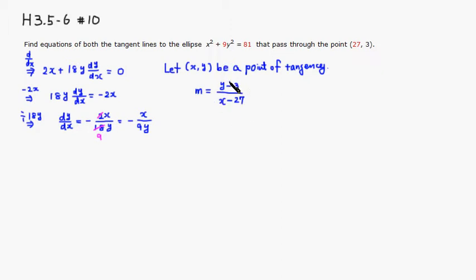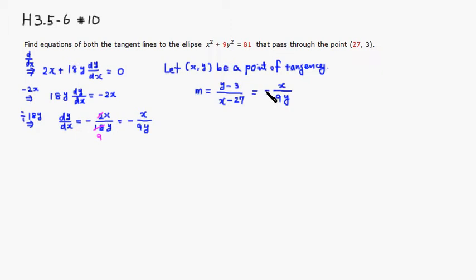This slope must be the same as the derivative right here, so I'm going to set them equal: y minus 3 over x minus 27 equals negative x over 9y. We're basically getting the slope of the tangent line by two different methods: one using the slope formula, and one from the derivative. We set them equal to each other.